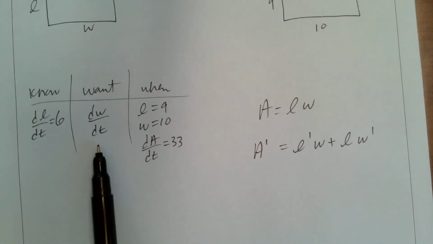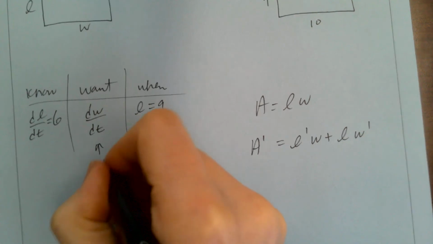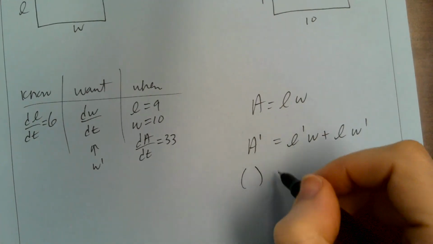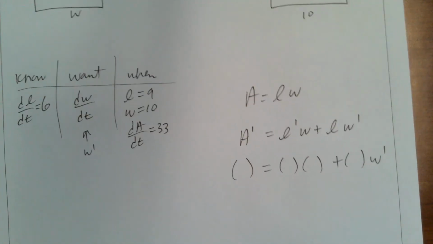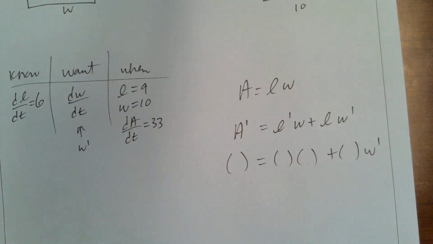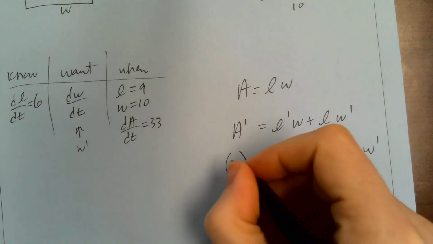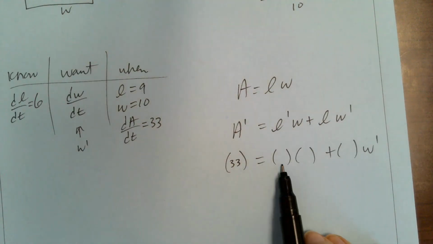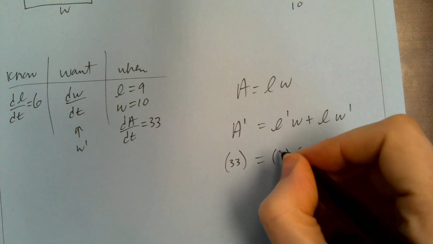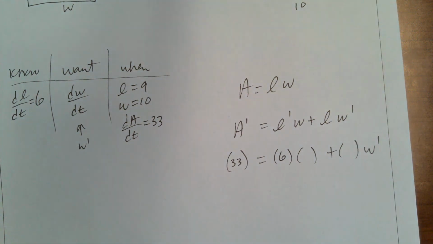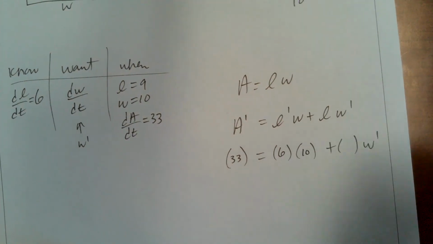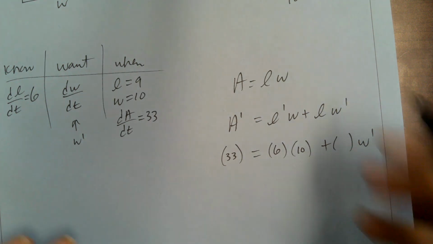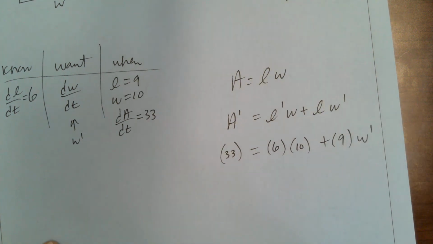I want W prime. So I'm going to put a placeholder for everything except W prime. A prime, at this moment, is 33. L prime is 6. It's always 6 because they said it was a constant rate of change. W at this moment is 10. L at this moment is 9.